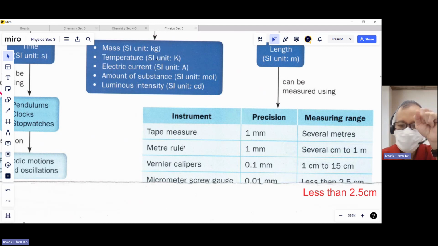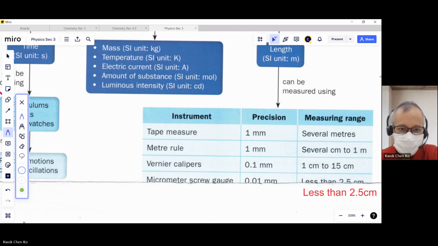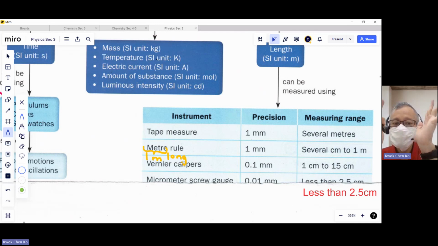Now, meter rule, again, keep this in mind. You are going to see this in your assessment quite often. Without giving any other information, the meter rule is 1 meter long. So if they just write the word meter rule, it is by default 1 meter long.